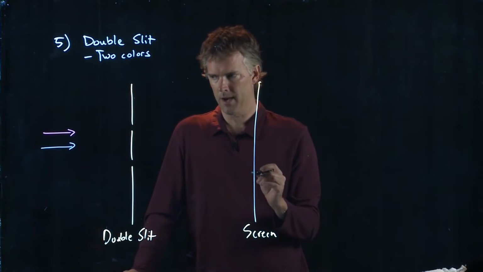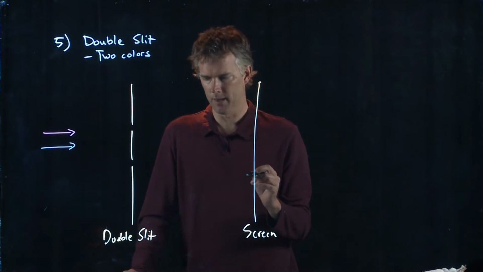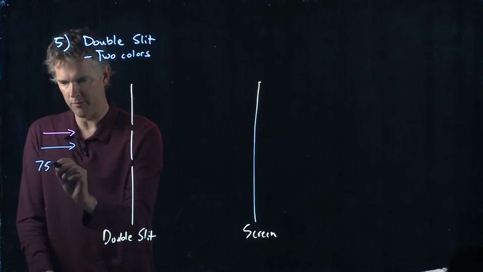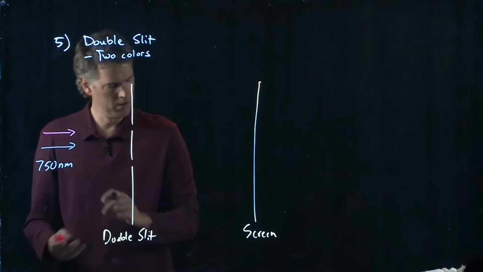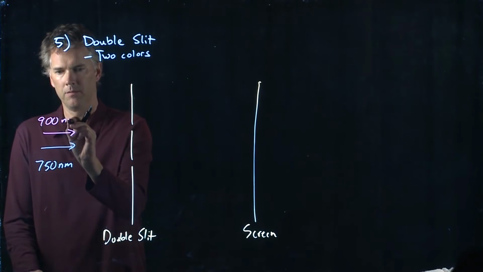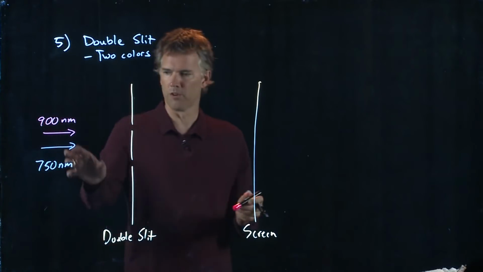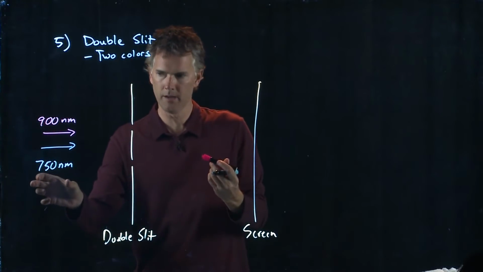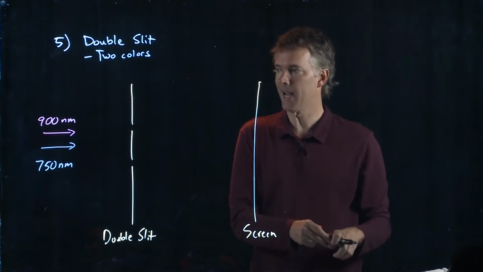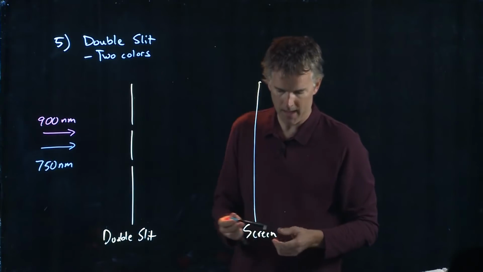And when we think about the 2 wavelengths, and we can label them, blue is going to be 750 nanometers, red is 900 nanometers. Again, these don't correspond to the actual colors, right? 750 is at the red end of the spectrum, and 900 is at the near infrared end of the spectrum.